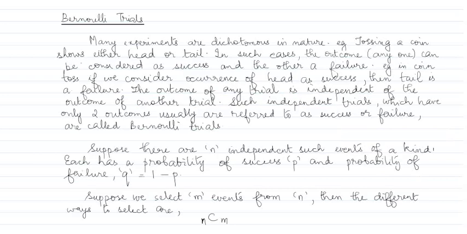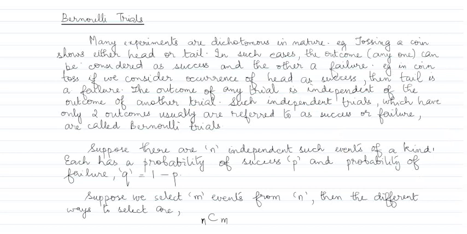Before we see what a binomial distribution is, we need to understand what Bernoulli trials are. Many experiments or trials are dichotomous in nature. When I say dichotomous, there are just two possibilities. Let us consider tossing a coin.